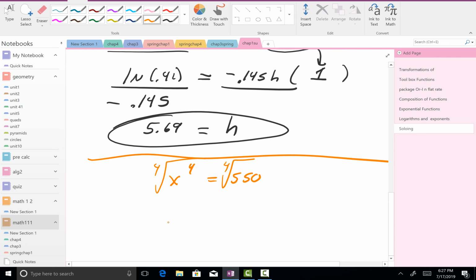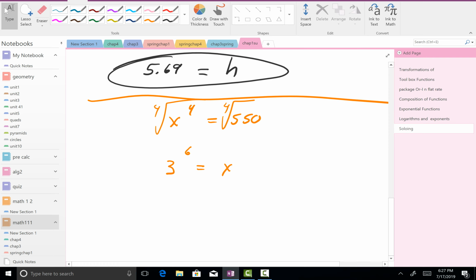If it was something like this, you know, if we put the x there, well, that's obvious. You're just going to take 3 to the 6th. Okay. You don't want to log both sides there. So the only time we want to log anything is when there's my variable in the exponent. Then you can log both sides and it works. All right. But anywhere else, don't bother with it.